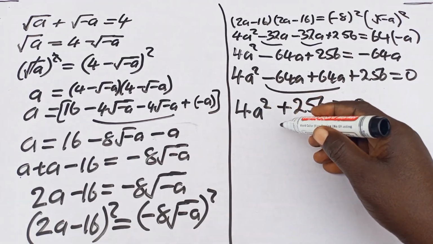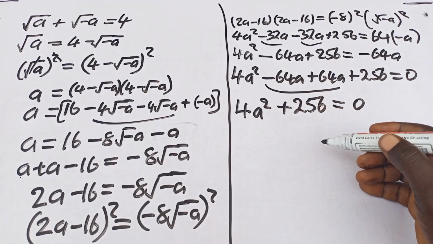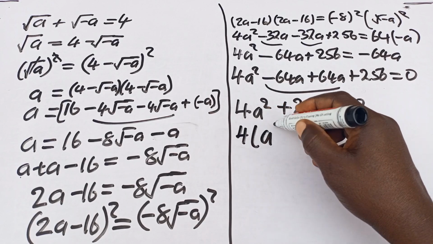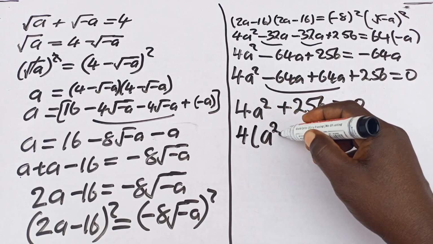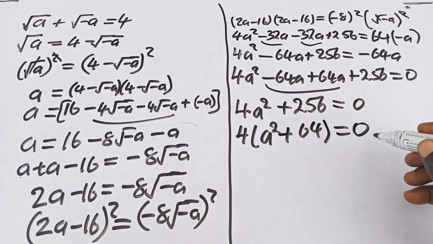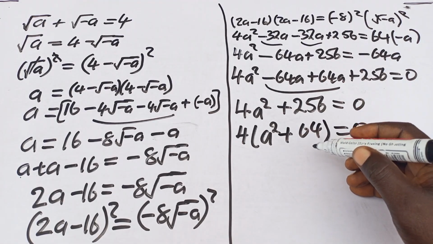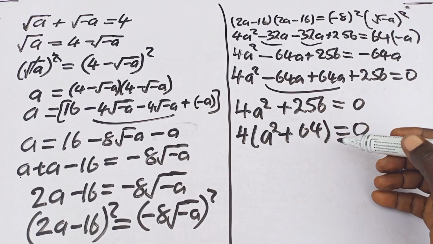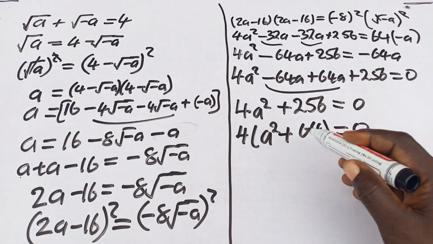Now from here we see that 4 is common. We can factorize out 4. This gives us 4 into a squared plus 64 is equal to 0. So we have the product of two expressions giving us 0. 4 can never be 0.